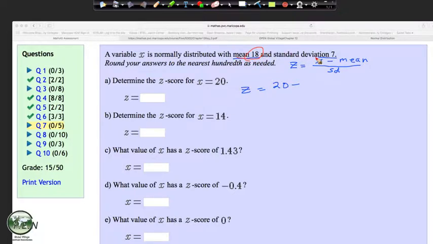Circle that in red. So the 18 is always going to be 18, and the 7 is always going to be 7. So you're going to take the data value minus 18 divided by 7. That's always going to be the way it is.